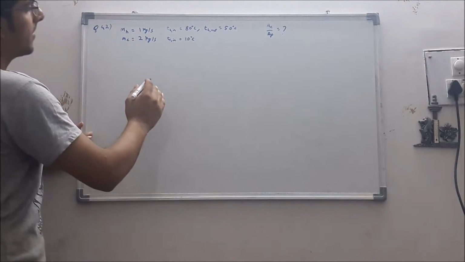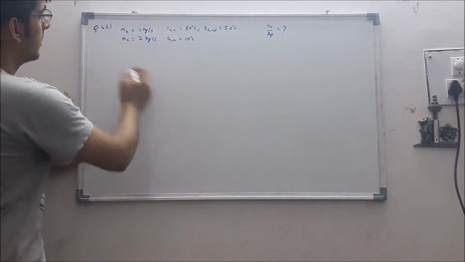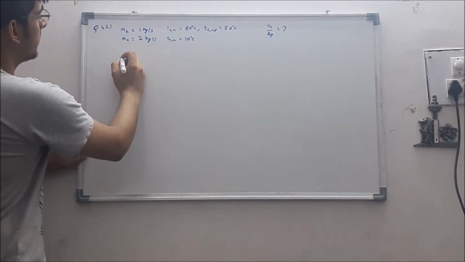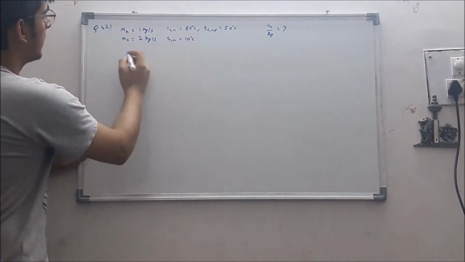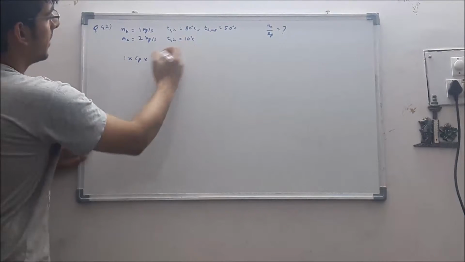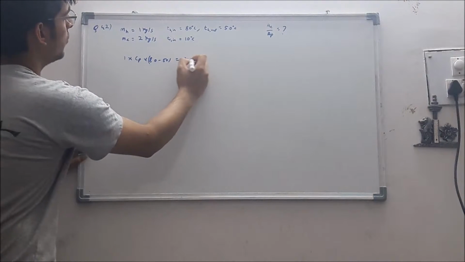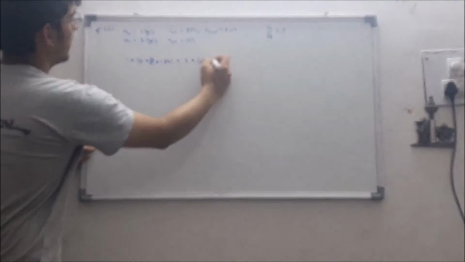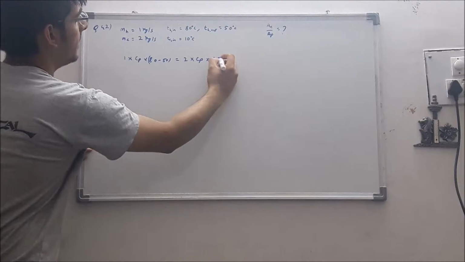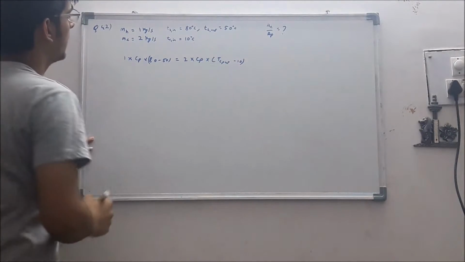So first we have to find the temperature of the cold water at outlet. So let's equate m Cp delta T. So basically 1 into Cp into (80 minus 50) will be equal to 2 into Cp into (Tc out minus 10).